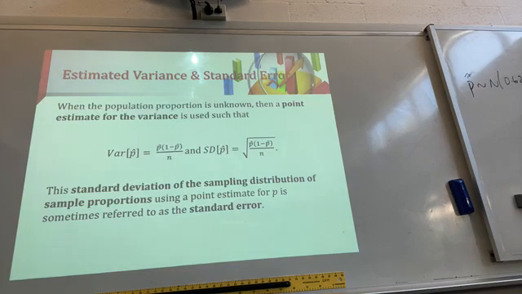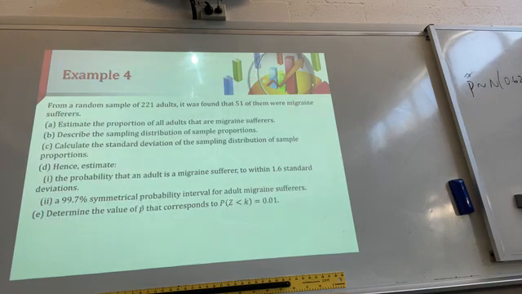Last example. Example 4. For a random sample of 221 adults, it was found that 51 of them were migraine sufferers. Estimate the proportion of all adults that were migraine sufferers. Describe the sampling distribution of the sample proportion, which is just writing down this.